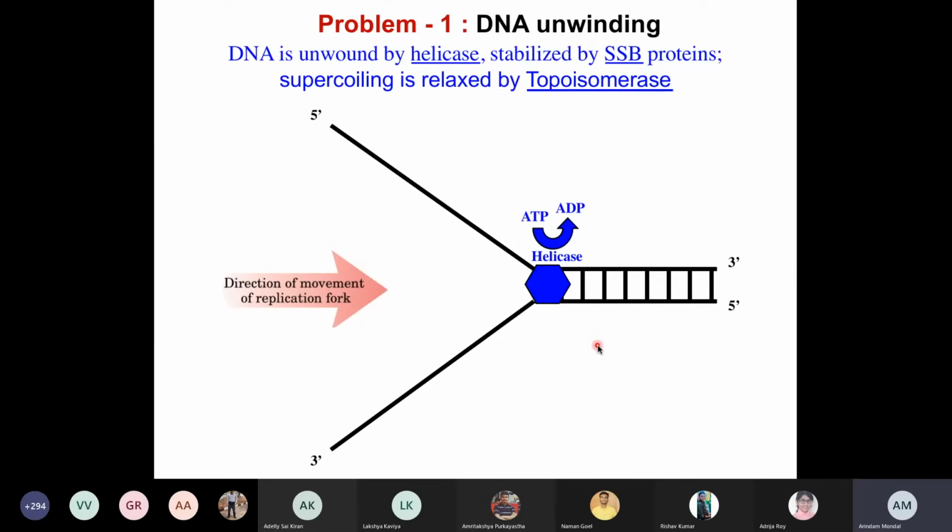Okay, so in order to solve this particular problem, there is another enzyme which is known as topoisomerase. Now, how can you relax supercoiling which is getting introduced in one particular loop? Is it possible that you can relax the supercoiling?